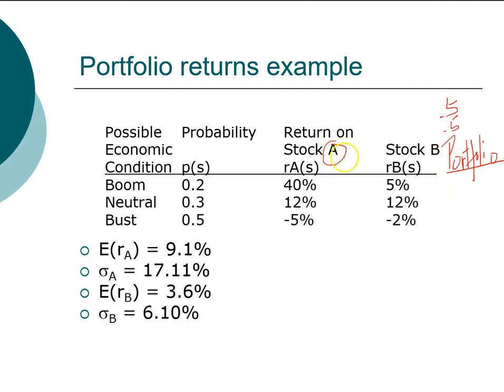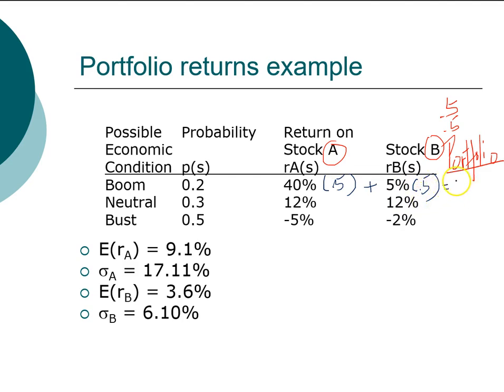So 50% of our money is on A, 50% of our money is on stock B. When the economy is doing really, really well, since half of our money is in A, we'll take the weight times the return, and half of our money is in B. So 40% times 0.5, which is the weight on stock A, plus 5% times the weight on stock B, which is 50%.